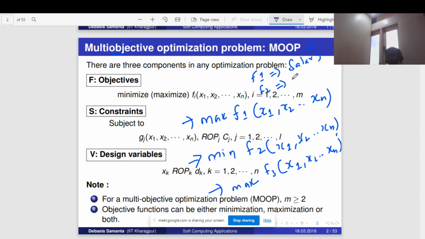What should it be, minimized or maximized?